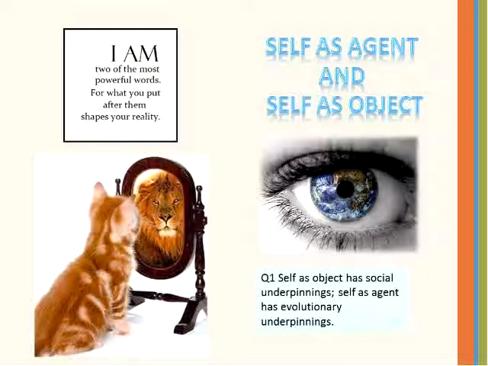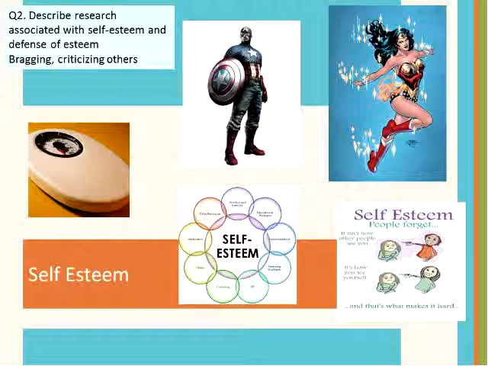People are said to be agents when they act on the environment, but objects when they reflect and act on themselves. And so you can see that this is more of a process of how we act on what's going on, and then we reflect to see how well we did in a particular situation.